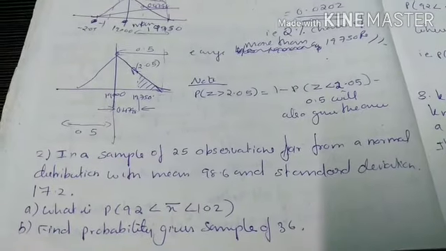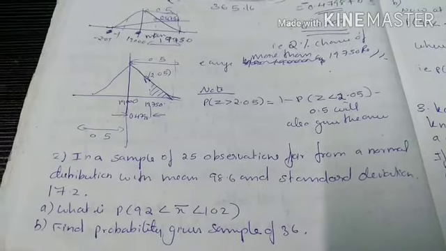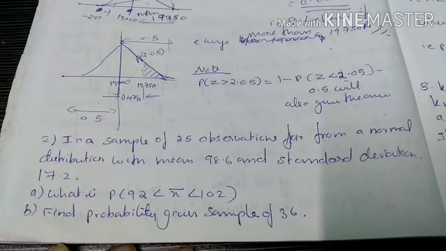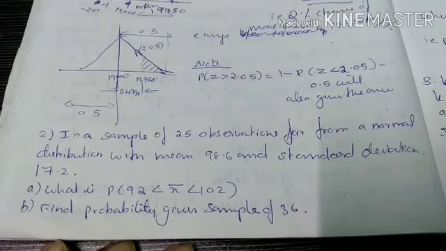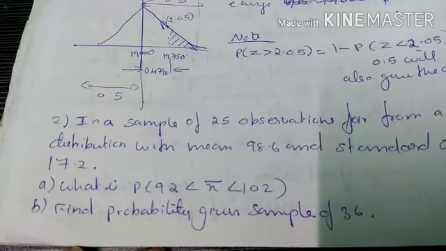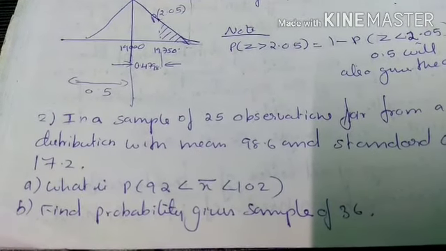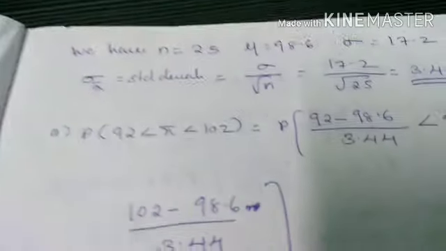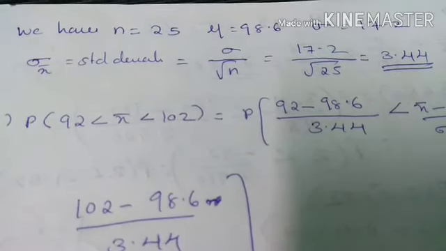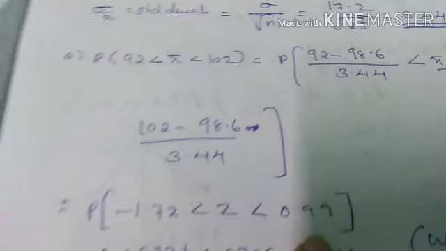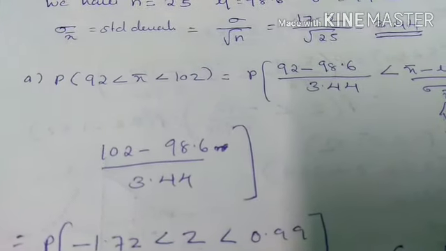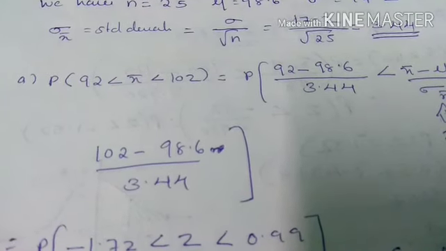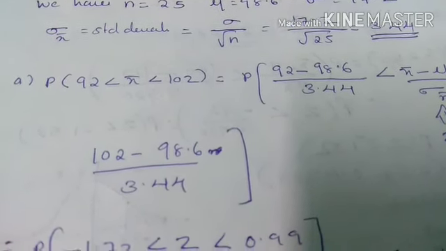In a sample of 25 observations from a normal distribution with a mean 98.6 and standard deviation 17.2, what is P of 92 less than x bar less than 102, and find the probability given a sample of 36. Here we have n equal to 25, mu equal to 98.6 and sigma is 17.2. Sigma x bar, the standard error, equals sigma by root n, equal to 17.2 by root 25, which is 3.44.